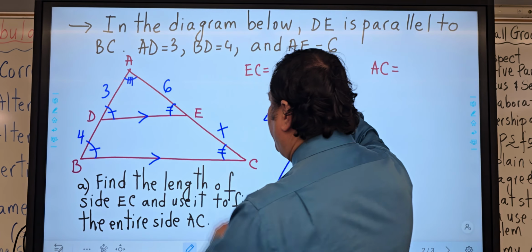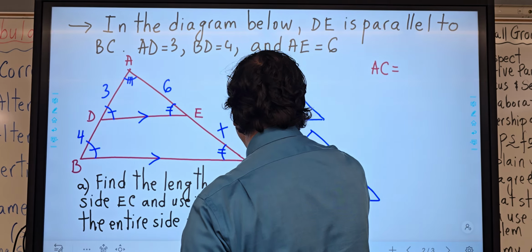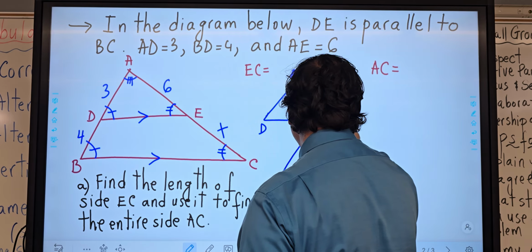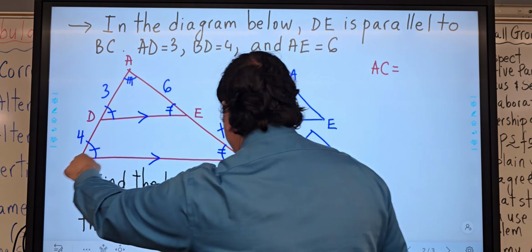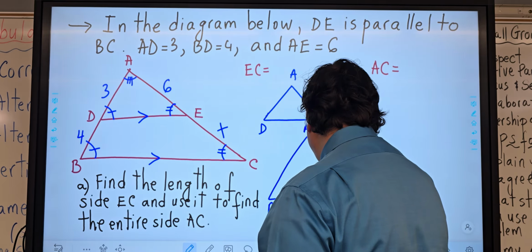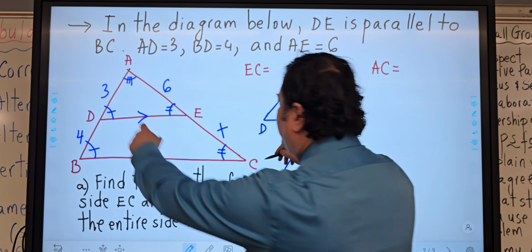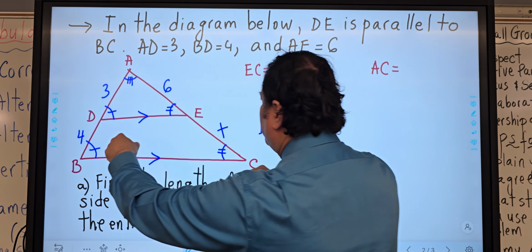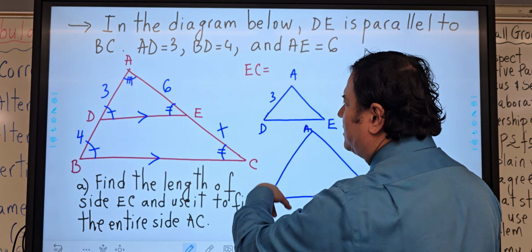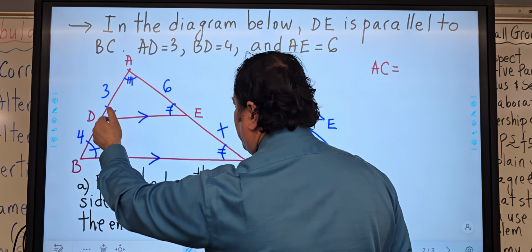So we have triangle ADE and triangle ABC. We know that AD is 3, they are giving us in the problem. And then we also know that DB, but that's another side right there.